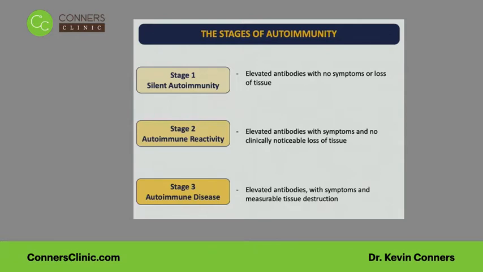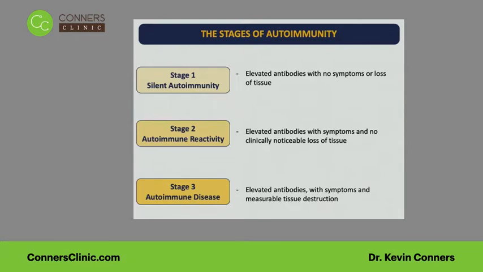And then stage 3, and there's a lot of fluidity between these, as you're going to see. Stage 3 autoimmune is full autoimmune disease where you have elevated antibodies, you have symptoms, and you have a very measurable tissue destruction of some kind.